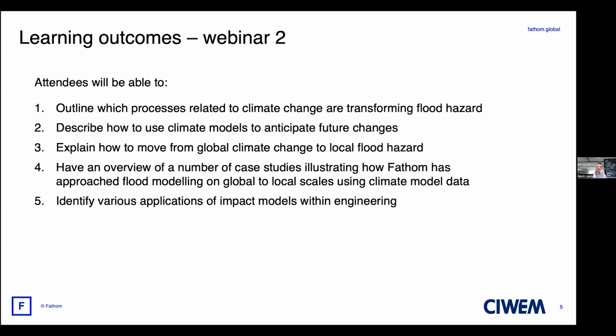So in the second webinar, we're going to discuss the processes by which climate change is transforming flooding, the use of climate models to anticipate future flood and some of the uncertainties in these models, and how to move from global climate change to local flood hazard data, together with some use cases and references for data sets and peer-reviewed papers.